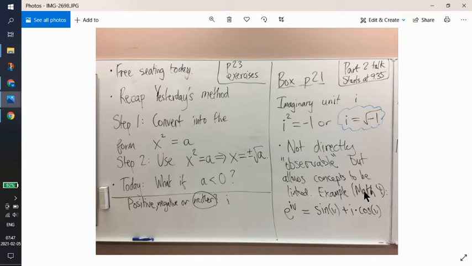In Math 4, you'll also discuss this from a more algebraic perspective. So this is one of the formulas you'll see in Math 4.